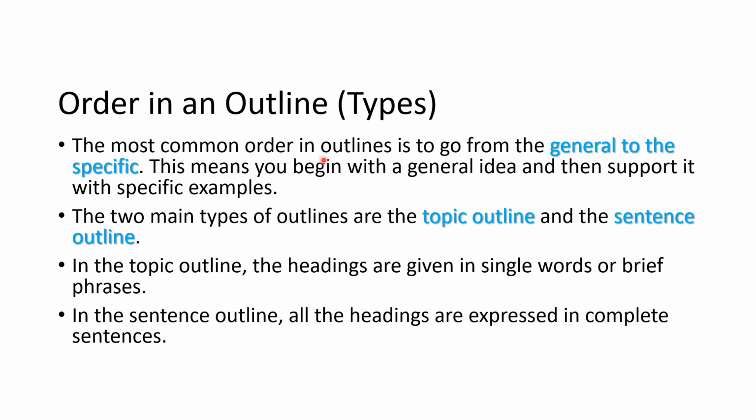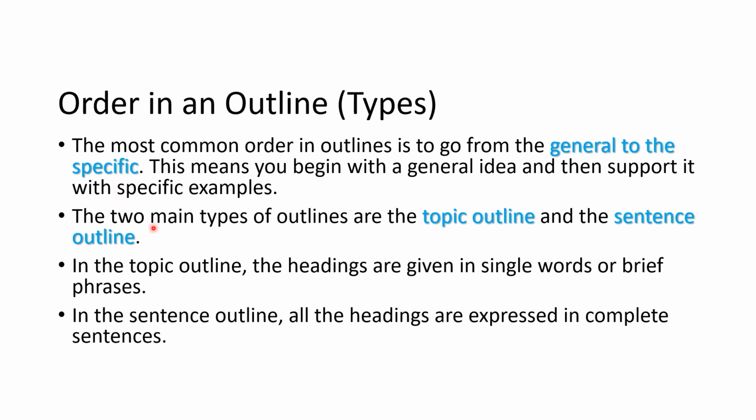The most common order in outlines is to go from the general to the specific. This means you begin with a general idea, and then just below that general idea, you provide the details or the support which are more specific, such as examples.